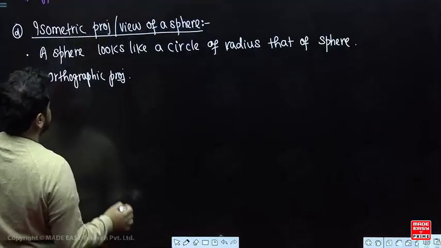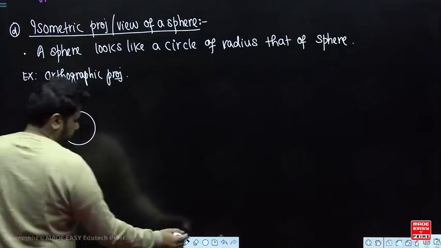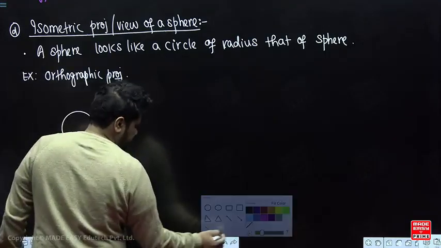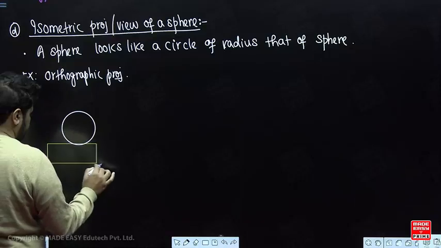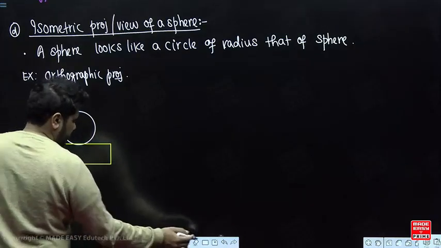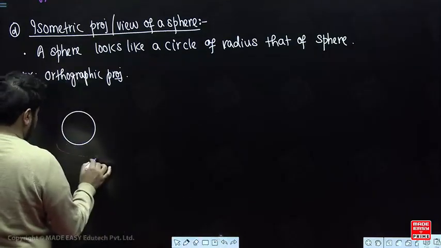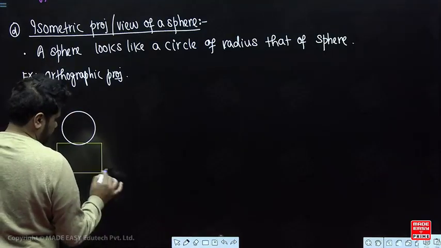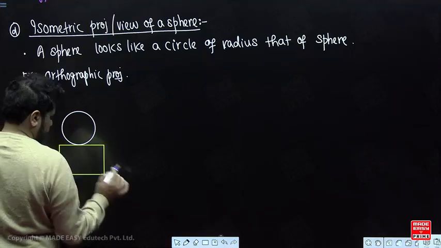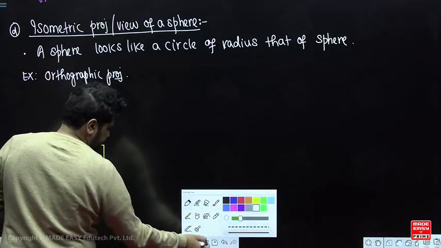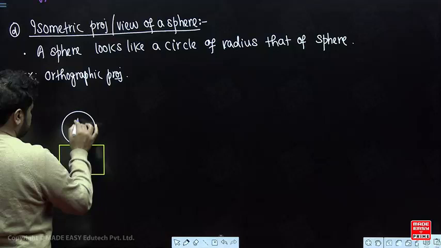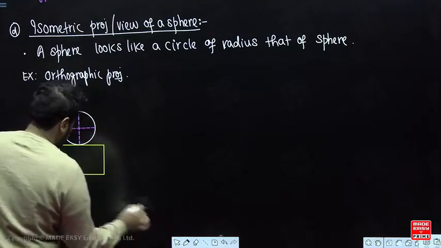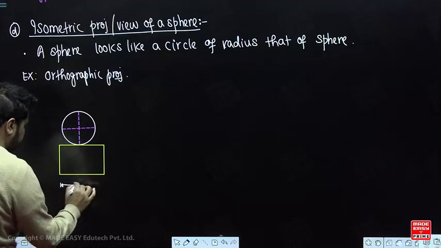So let me consider this to be a sphere, correct, which is kept on a... let me change this color. So let me consider this to be, suppose, 100.